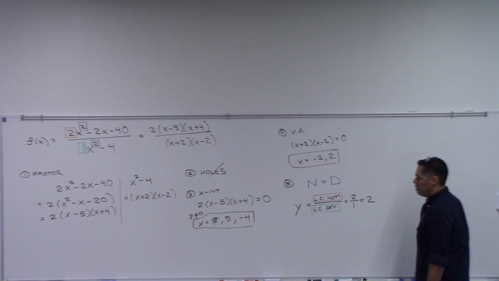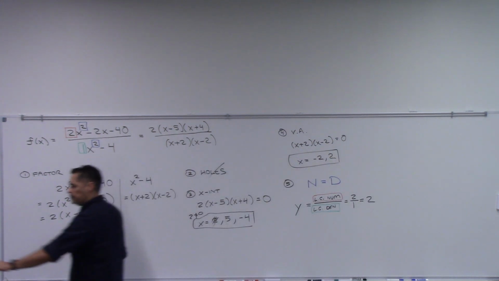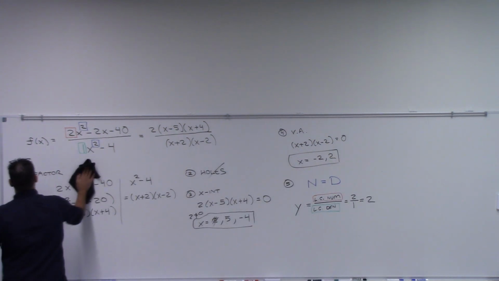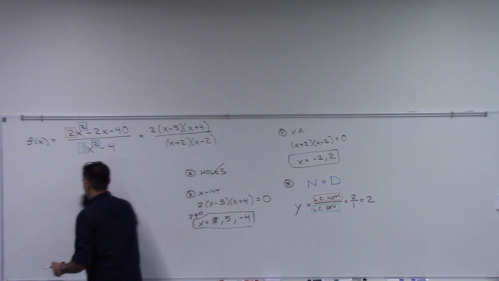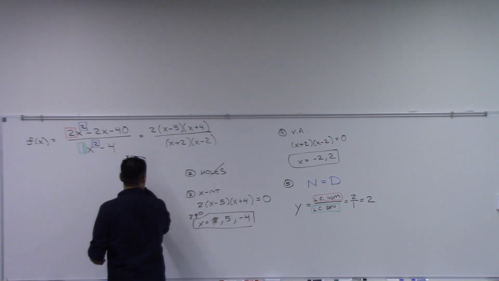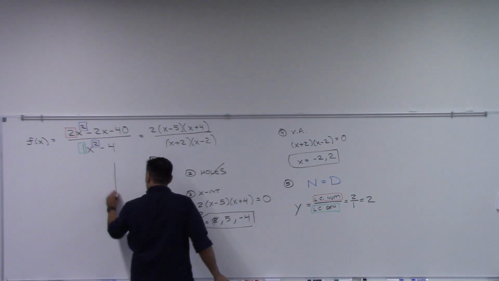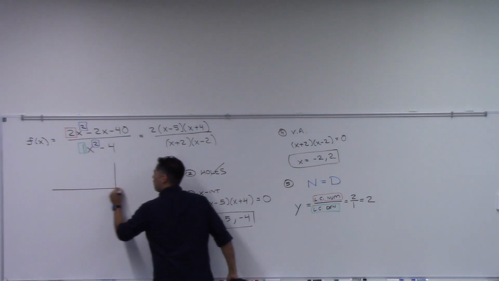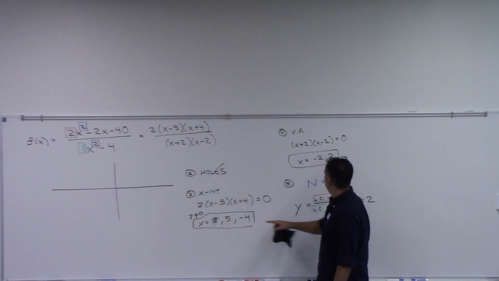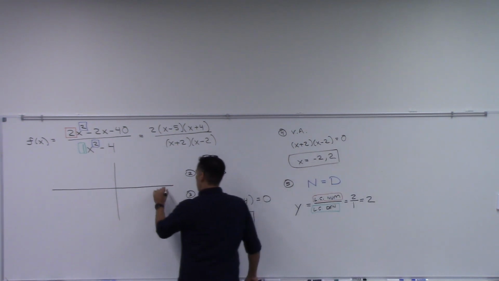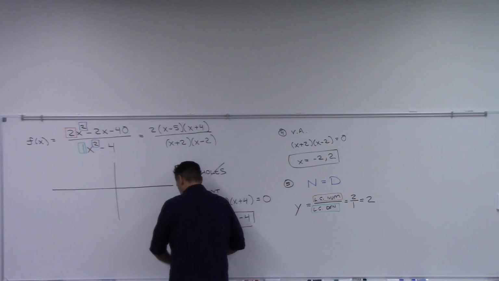But let's draw a picture, and I'm going to draw my picture over here. Give myself a little more space this time. All right, so I have x-intercepts at 5 and negative 4. Let me do it in blue.